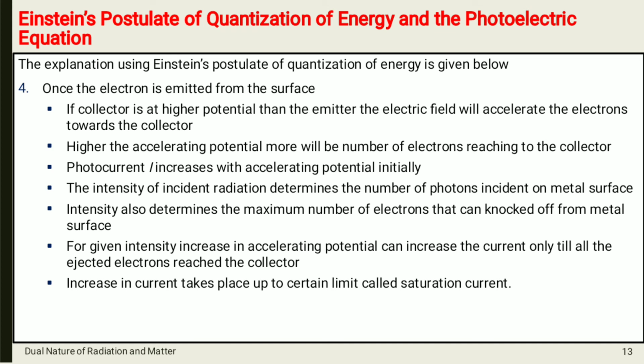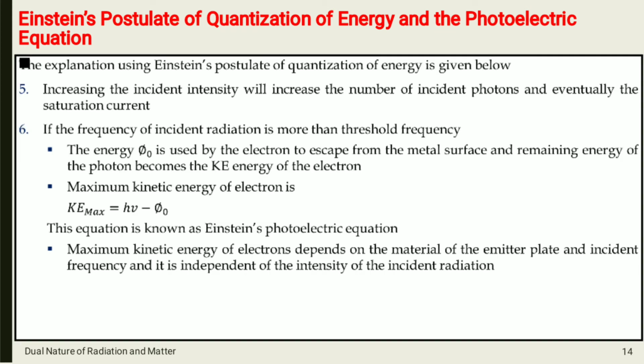Okay, so we'll discuss the next point: increasing the incident intensity will increase the number of incident photons and eventually the saturation current. If we increase the incident intensity, what will happen?